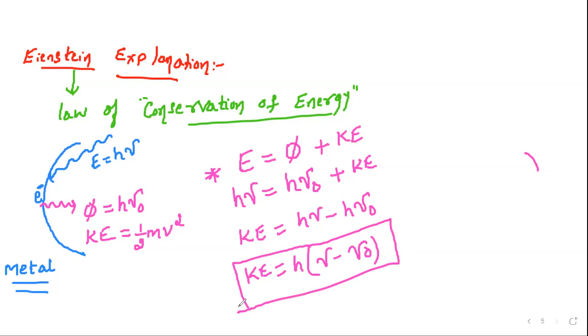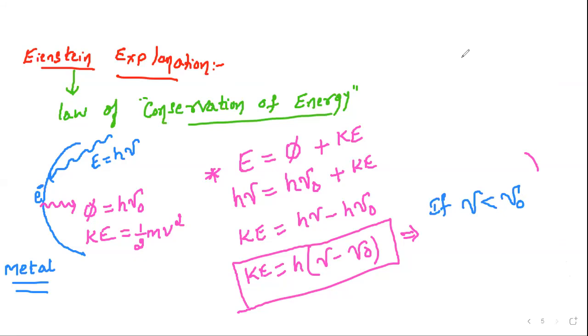So this is the equation. This equation clearly tells you how to give the explanation here. If the frequency is less than the threshold, what will happen? What will happen if the incident frequency is less than the threshold frequency?